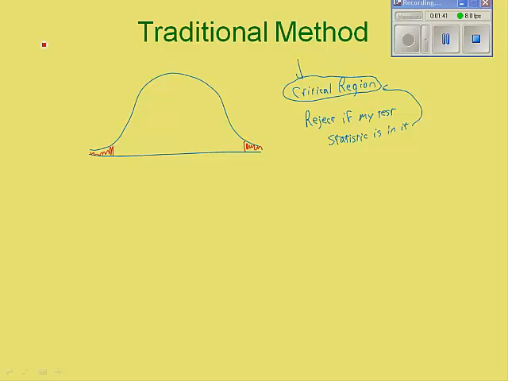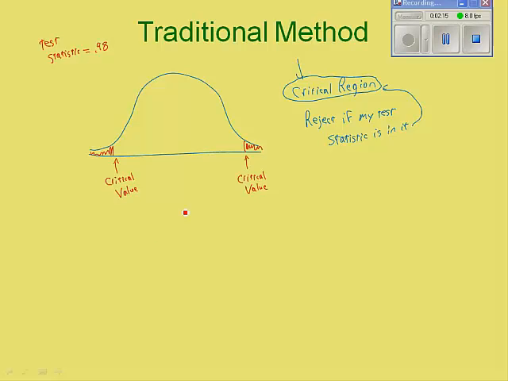The z-value for the critical region is called the critical value. So whatever this z-value is here, these are called critical values. This is the traditional method, and if you have an older stats book, this is all they're going to tell you.